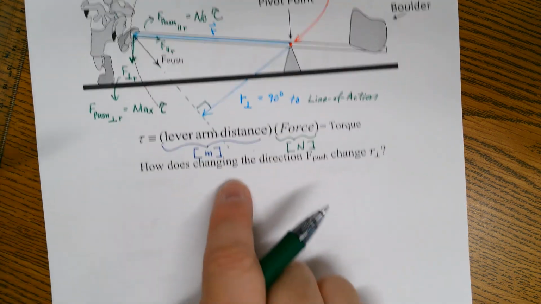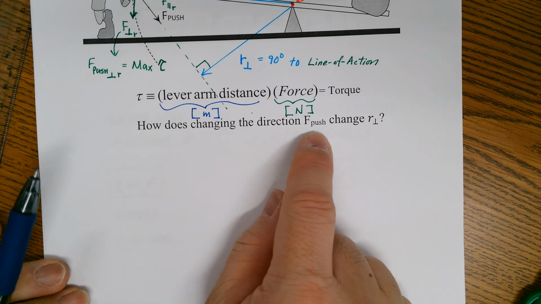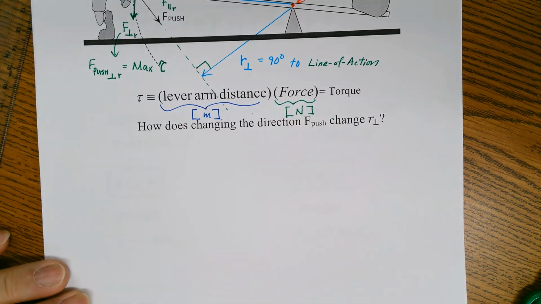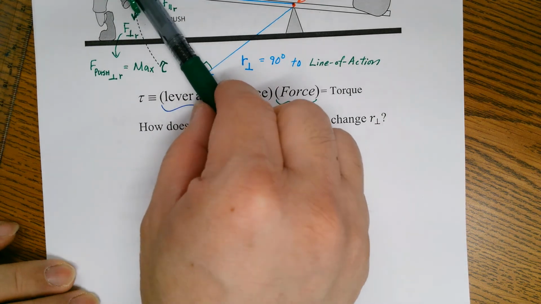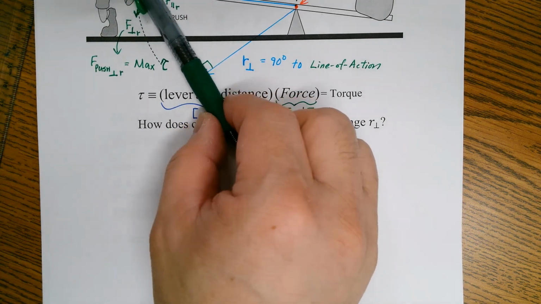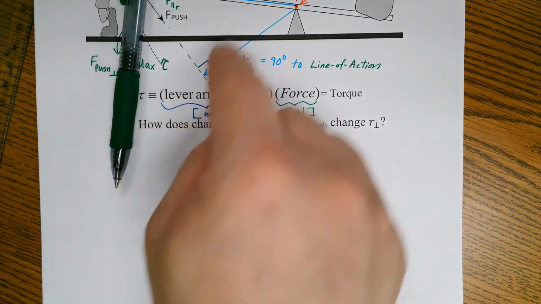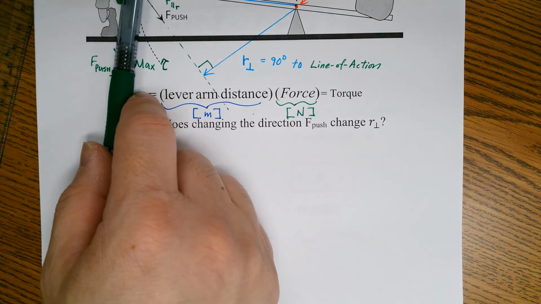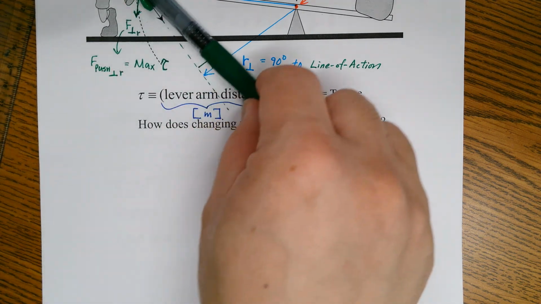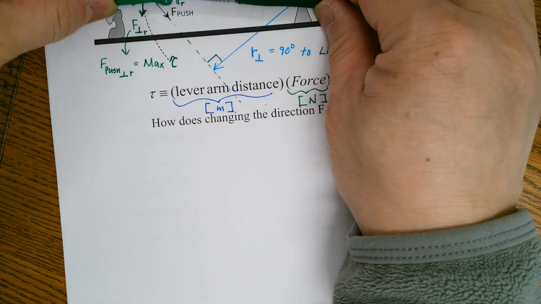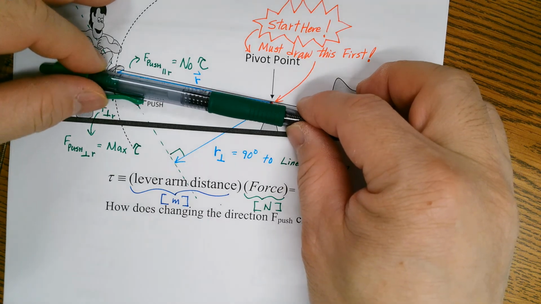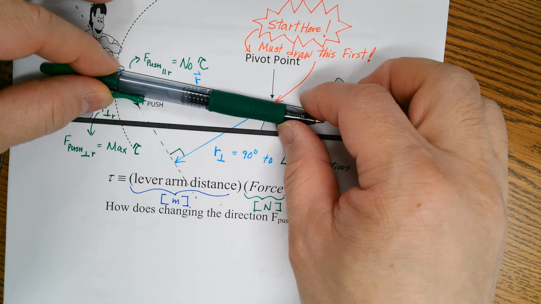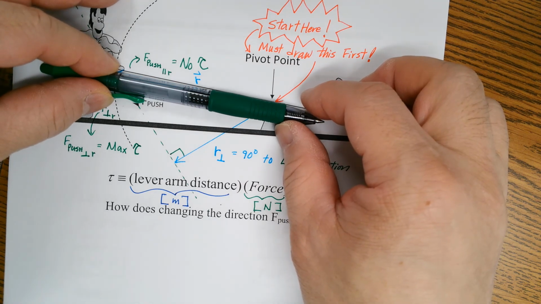So how does changing the direction of force push change this? Well, it depends on how you push this thing and at which angle you push it. So if you push it perpendicular to my lever arm, you get the maximum amount of torque. But if you push this parallel to my lever arm, you'll get no contribution to rotation whatsoever from this force. Okay?